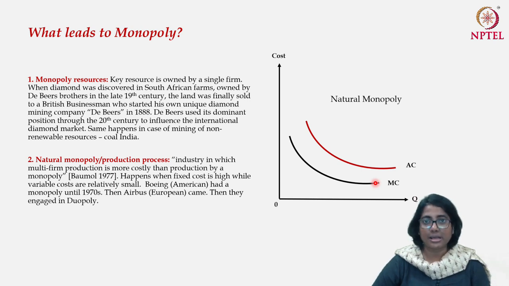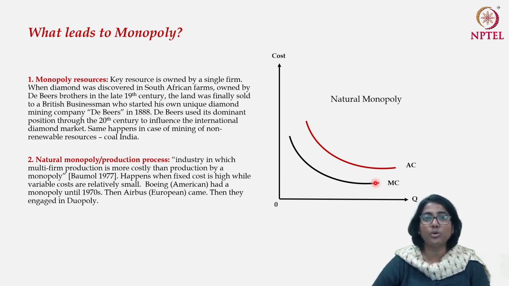Now there are multiple examples of natural monopoly. One close example that you can say is that in the US till 1970 there was only one company who produced the aircraft. That was Boeing. So Boeing had the monopoly in the production of aircraft until the 1970s.